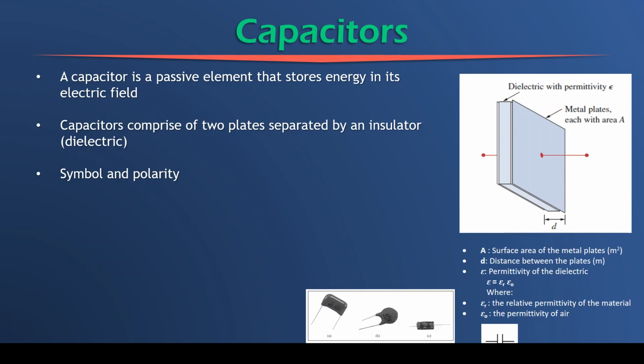And in terms of polarity, there are certain capacitors that will have polarity and some that don't. The diagrams below show first the polyester capacitor, secondly the ceramic capacitor. Both of these capacitors don't have polarity, meaning you can connect them in whichever direction.